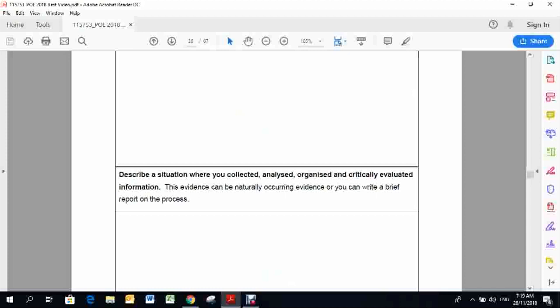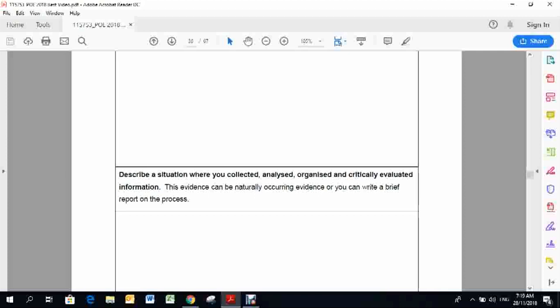Describe a situation where you collected, analyzed, organized, and critically evaluated information. In most cases, I always advise the learners that you have done this already when you get to this point. We have the contents page that we completed earlier on. That contents page is proof that you have managed to collect, analyze, organize, and critically evaluate information.